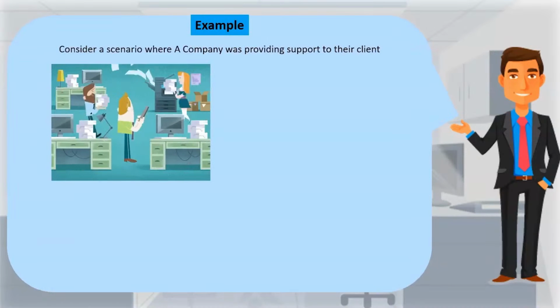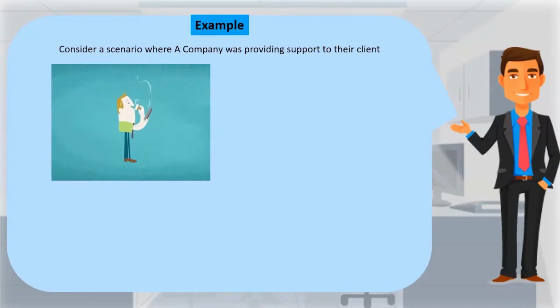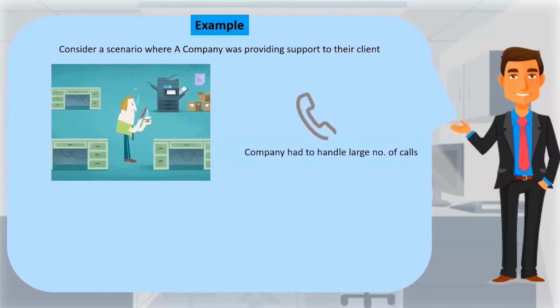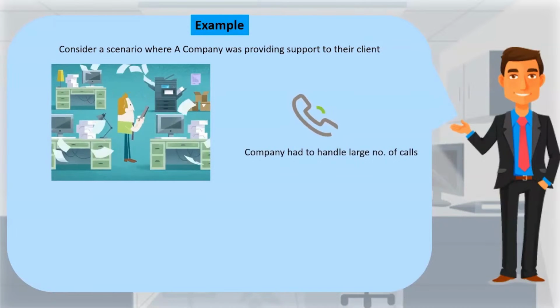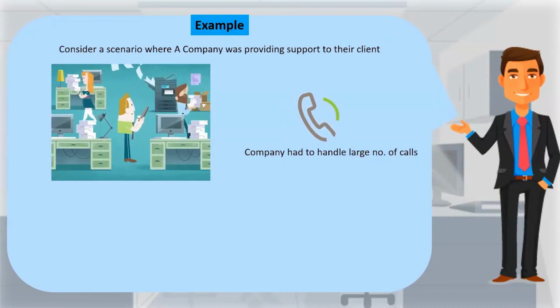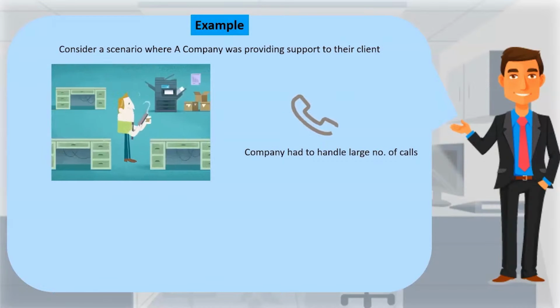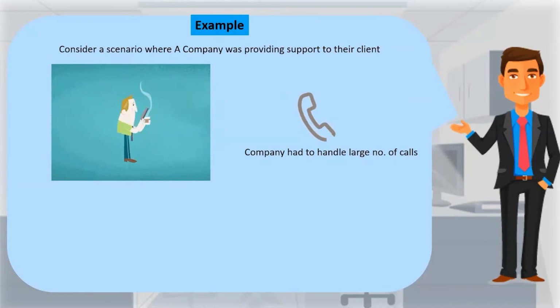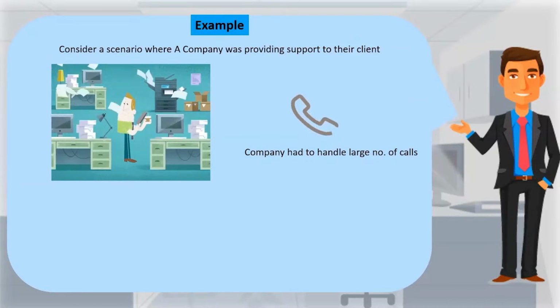Let's look at an example. Consider a scenario where a company was providing support to the client, and the company was supposed to handle a large number of calls, approximately 20,000 calls per month, which required a significant amount of time spent in the support team. Because of the system's complexity, an executive's average time was about 10 minutes, as the system was inefficient and slow, resulting in poor customer service.